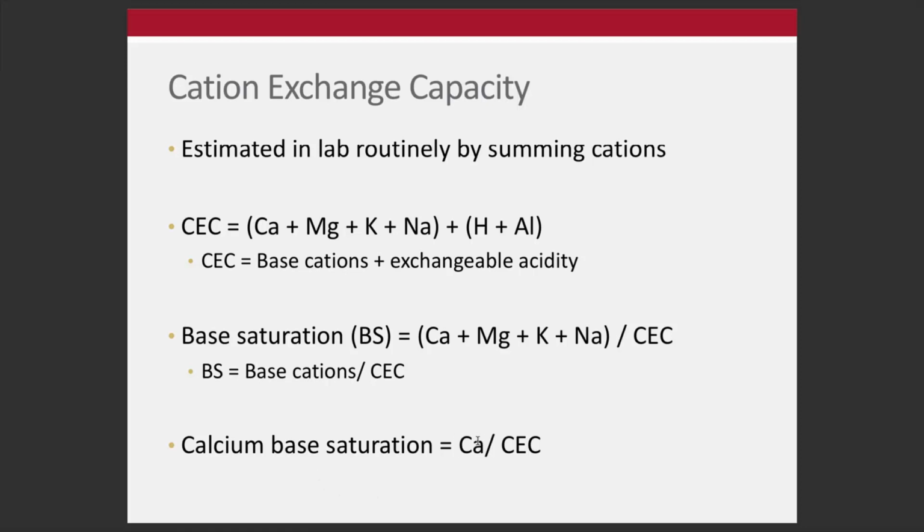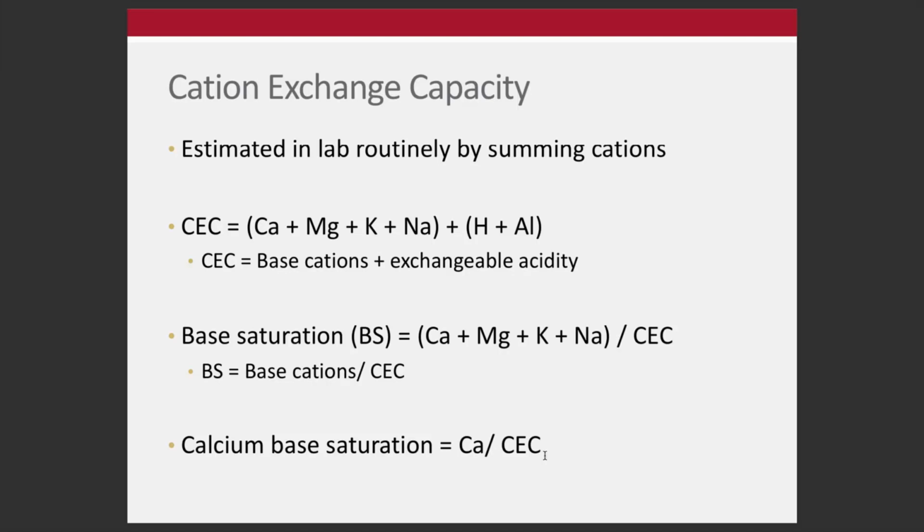It's really a ratio that's converted to a percentage by multiplying by 100. So it's calcium divided by CEC and then multiplied by 100. Calcium saturation is typically in Ohio soils anywhere between 50 and say 80, 85%.